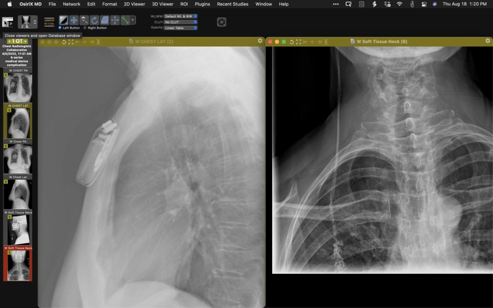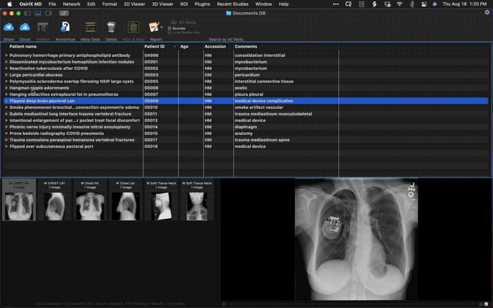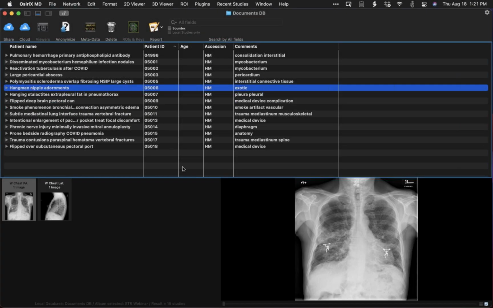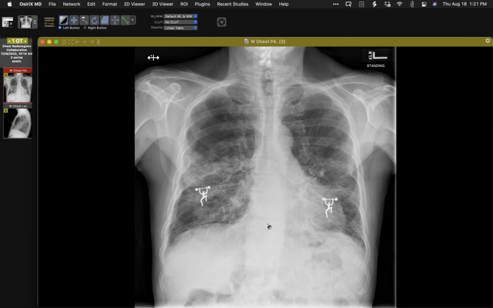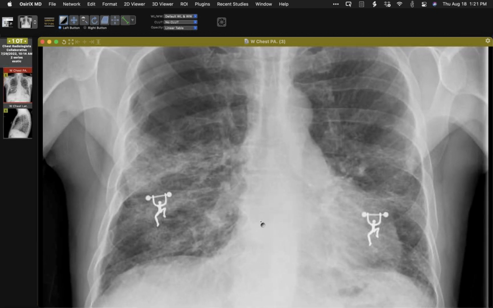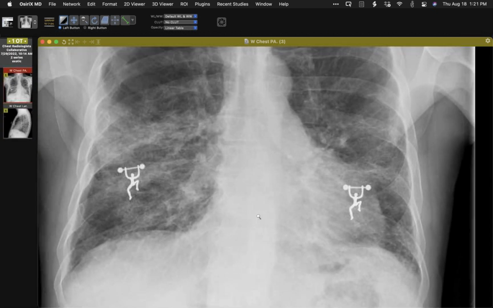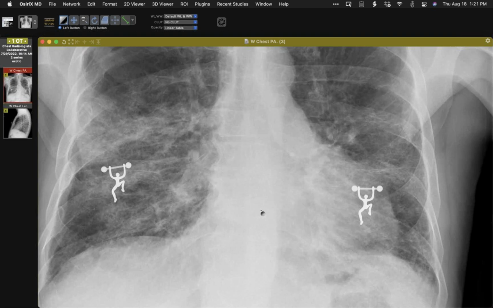Oh yeah, talking about acute case, how would you describe this one? Bilateral hangman, would that be okay? Are they lifting weights? I don't know the nature of the lung disease, but I thought that was pretty good.